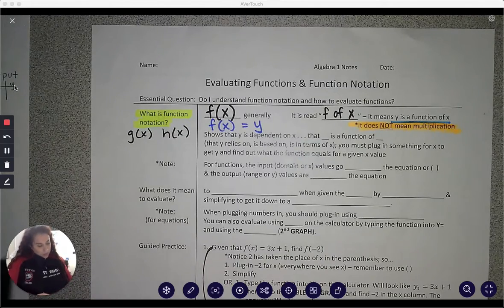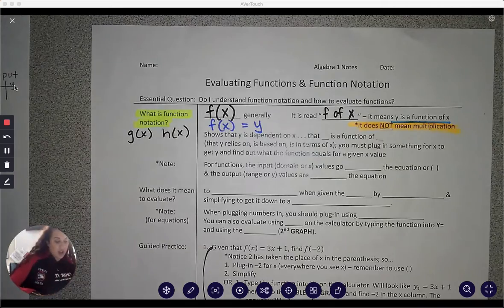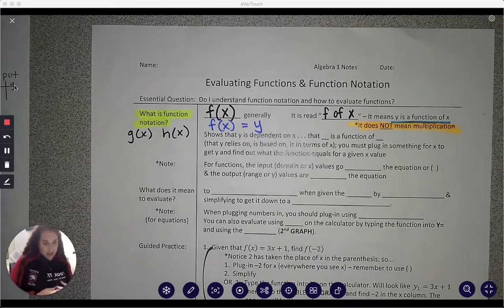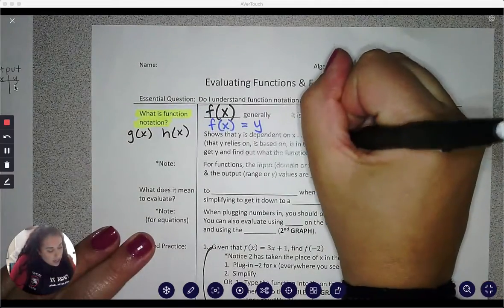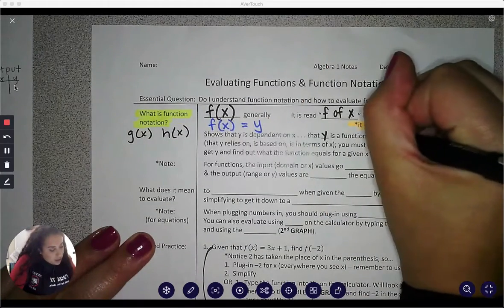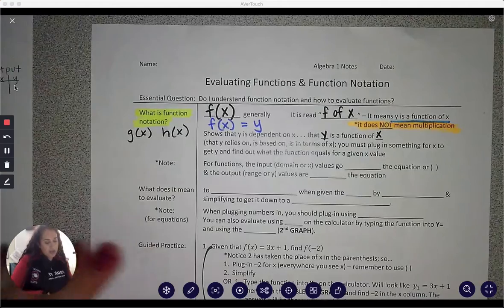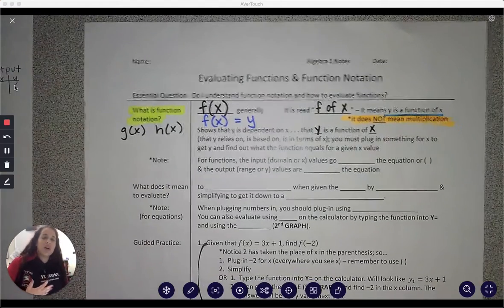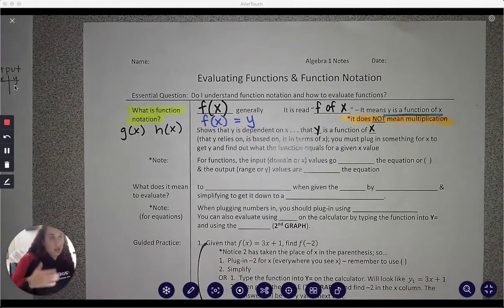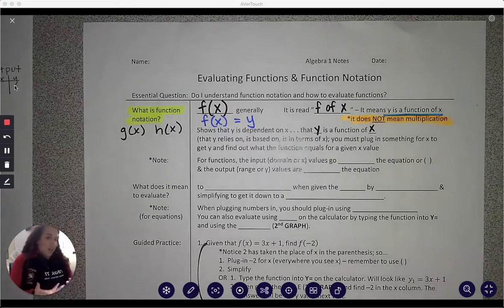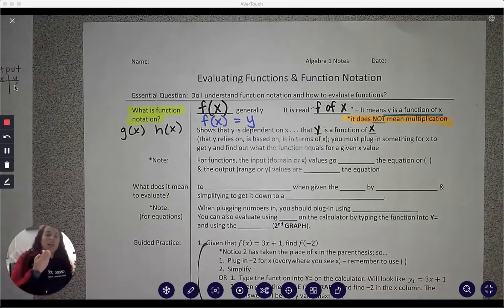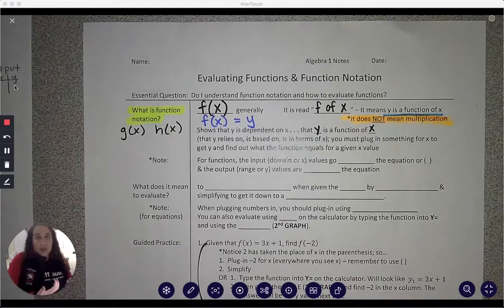So f of x shows that y is dependent on x, and it shows that y is a function of x. What we mean by that is that y relies on or is based on whatever x is. So we can have a y value, but what that y value is is determined by x.